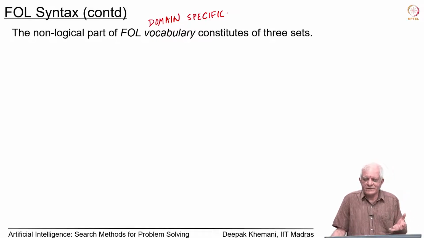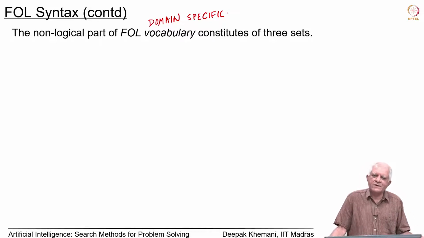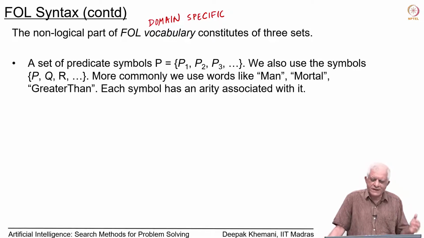And when I say language, you mean a set of sentences, which means what are the constant symbols, what are the variable symbols, and so on. The symbols that we are talking about are domain specific. So, there are three kinds of such sets. One is a set of predicate symbols that you are familiar with, no doubt. Typically, we use P1, P2, P3 to stand for those predicates.